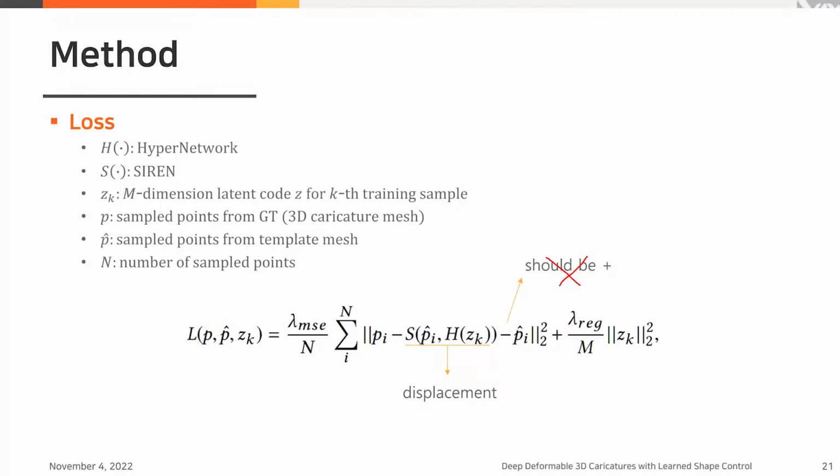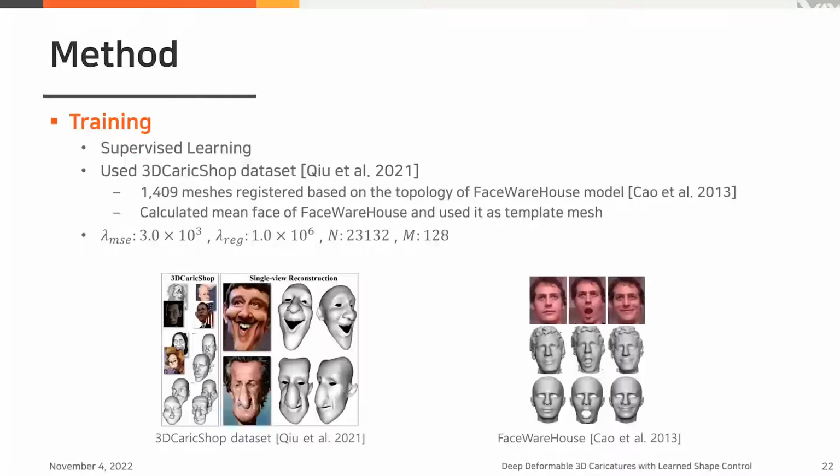I spoke about the loss function, and for the training, as I've said, it is supervised learning using the ground truth. They use the 3D Caricatures dataset, which provides 3D caricatures that share the same topology.